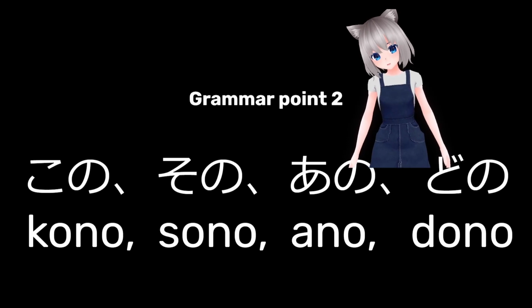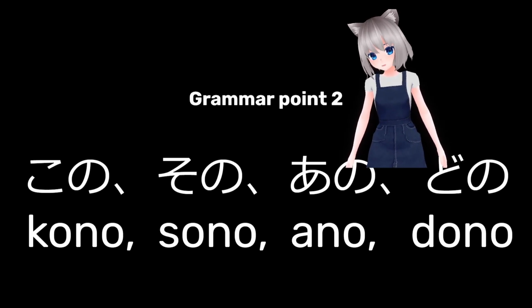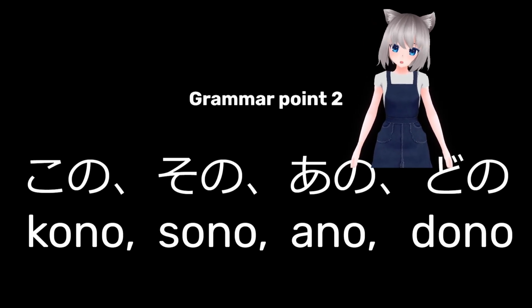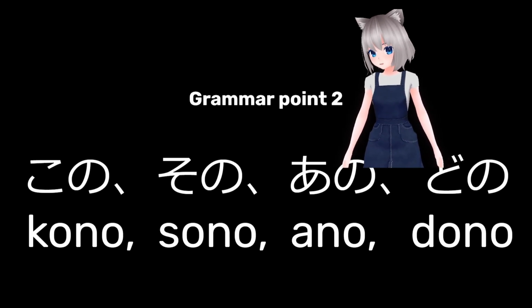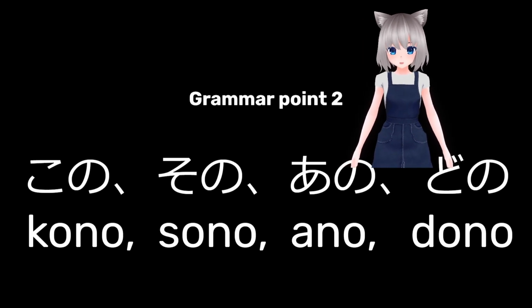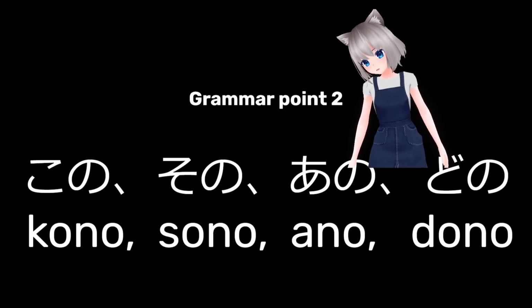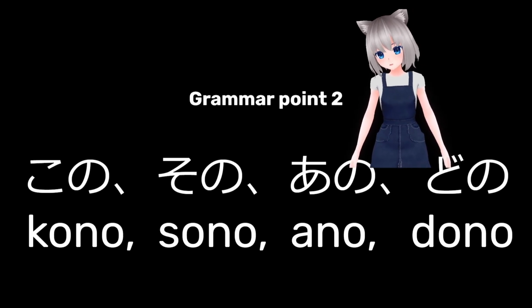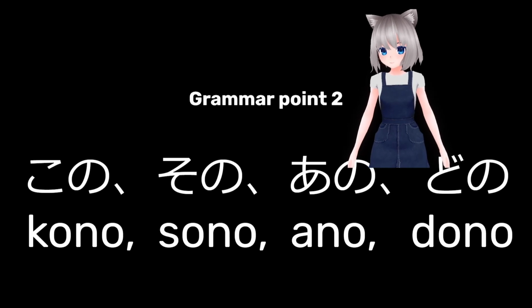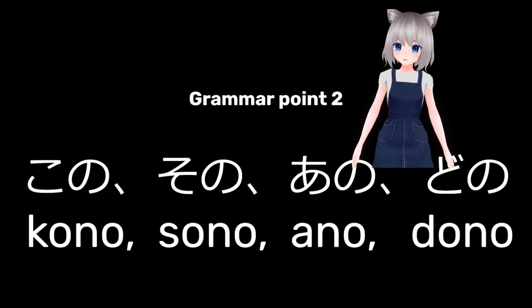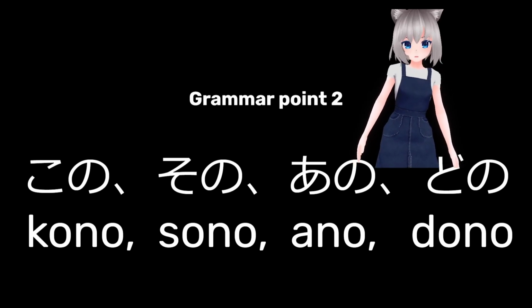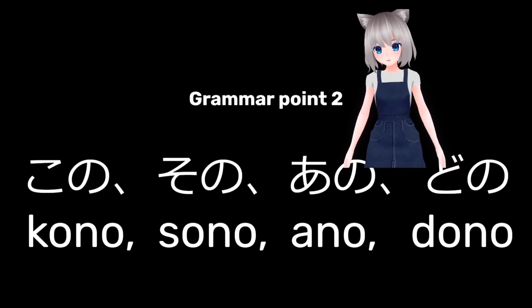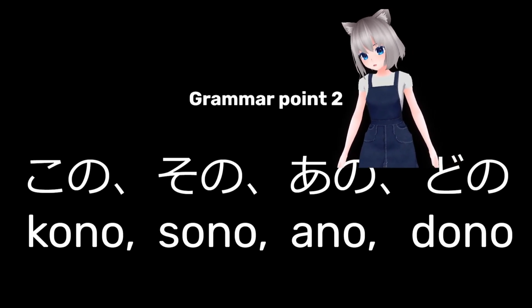The next thing we learned is この、その、あの、どの in grammar point 2 of chapter 2. Because I did a more detailed explanation in the donut video, I'm going to do a quick one here as well. Distance-wise, この、その、あの、どの is exactly the same as これ、それ、あれ、どれ.